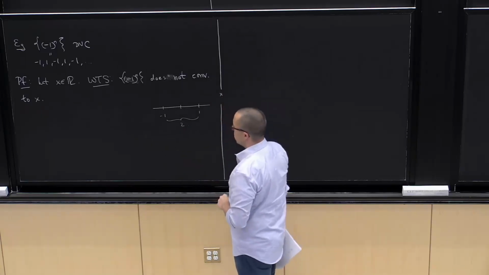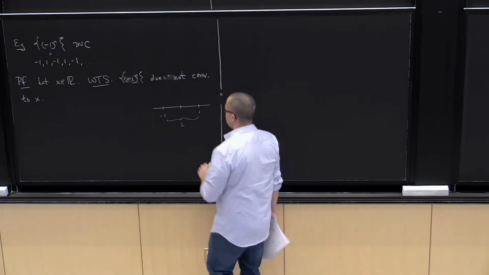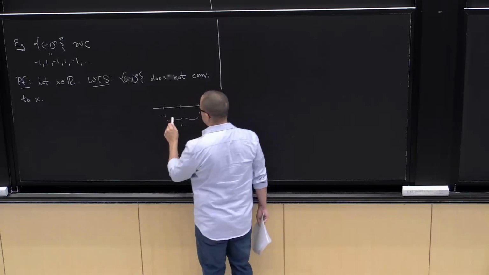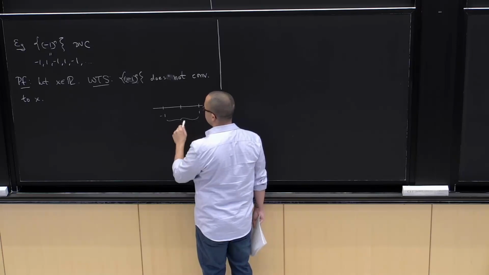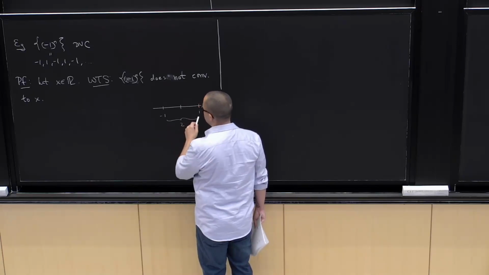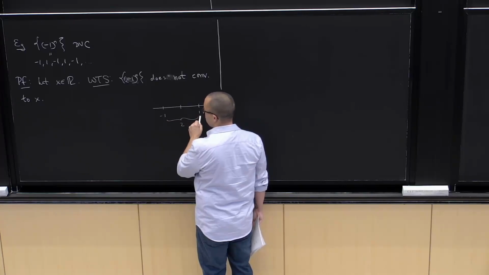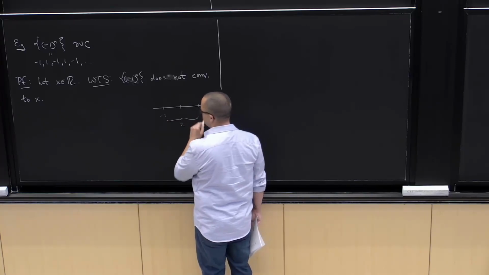Okay? So somehow the distance between every entry, or basically some entry, has to be within distance. If this is within distance 1, say, to a given x, then this will be greater than or equal to 1 in distance to x.